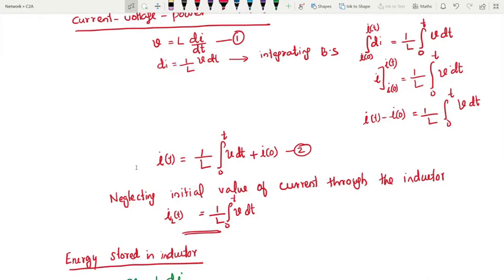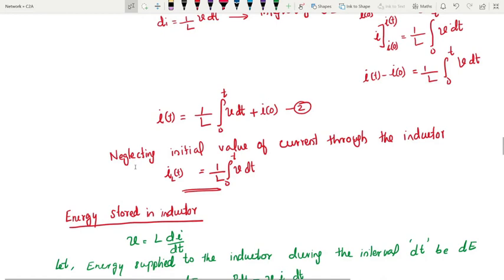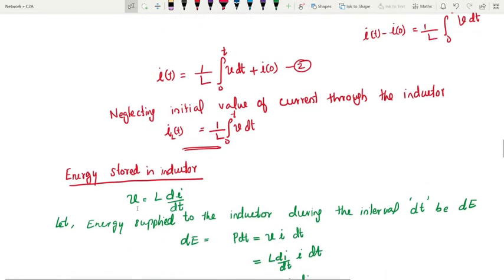Now let's derive the expression for energy stored in an inductor. We know V, the self-induced EMF in the case of an inductor, is L into di by dt. Let the energy supplied to the inductor from the source during the interval dt be dE. So dE is P dt. Power times time gives energy. What is the time here? Here the time is dt. So dE is equal to P dt. What is P?